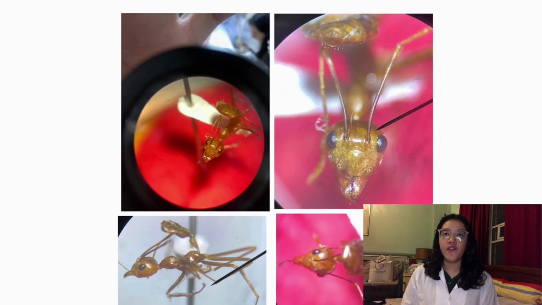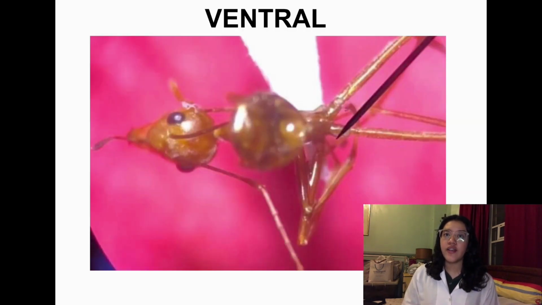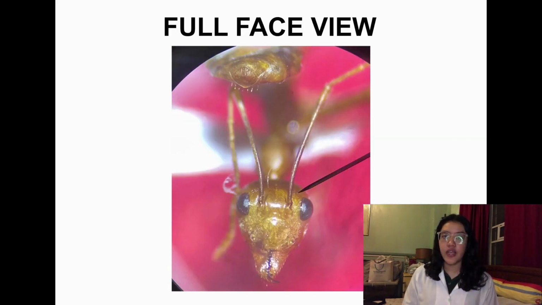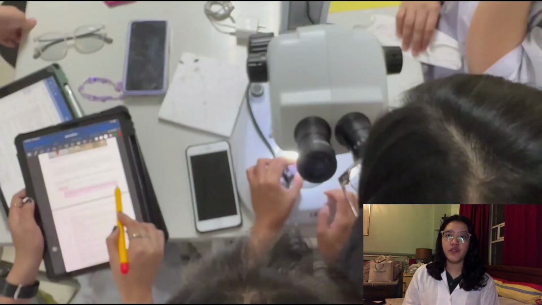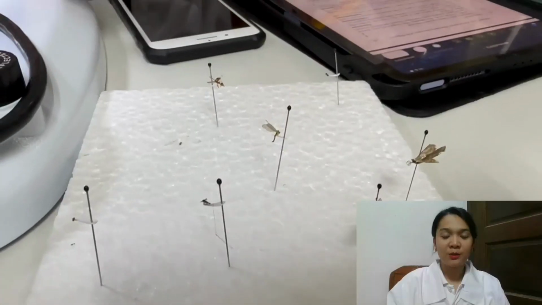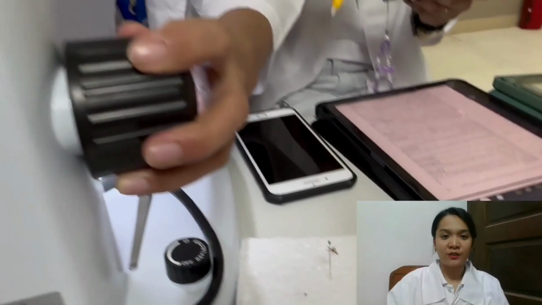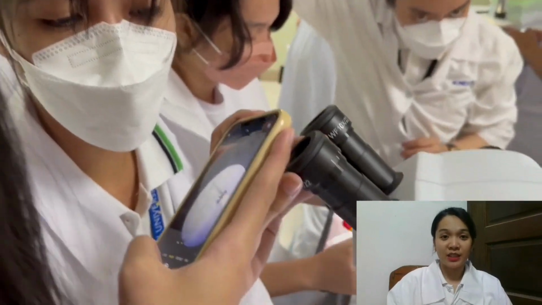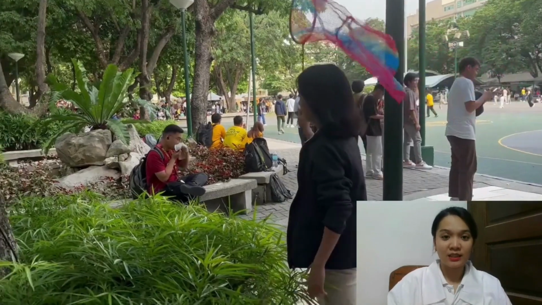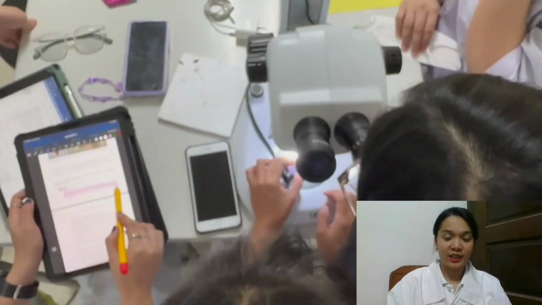Lastly, Lab 4 is also composed of terminologies regarding insect viewing such as the dorsal view, ventral view, full face view, and profile view, also called lateral view, that we use to properly view and examine the insect's morphology. To study the morphology and the classification of the different species within the class Insecta requires great patience, understanding, techniques, keen observation, and critical thinking.